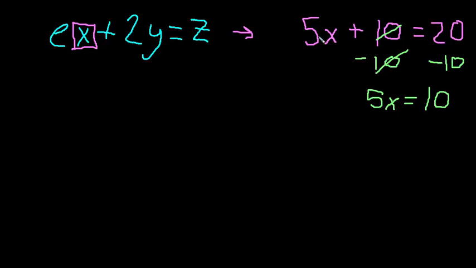Now, before I keep going, I'm going to do the same thing over here. Okay, so here I subtracted 10 from both sides. Here, I would do the same thing, except I don't have a 10 here. I have a 2y. So instead of subtracting 10, I'm going to subtract 2y from both sides. Okay, I'm just following the same steps I would do if these were numbers, except I'm writing the letters.